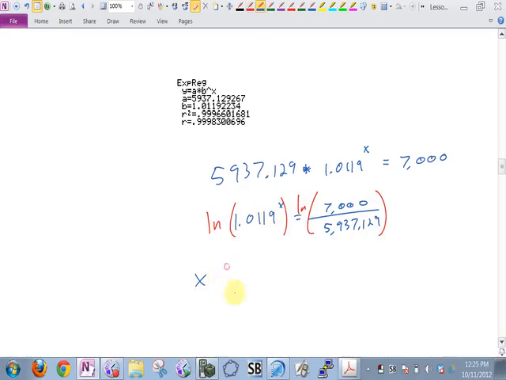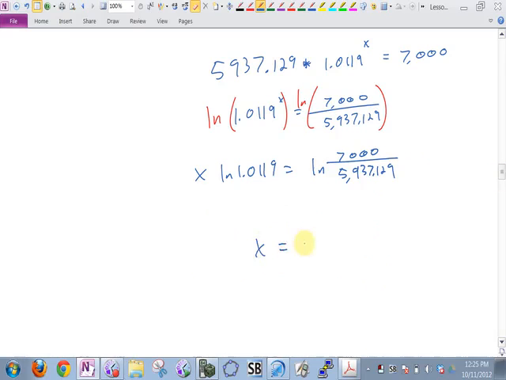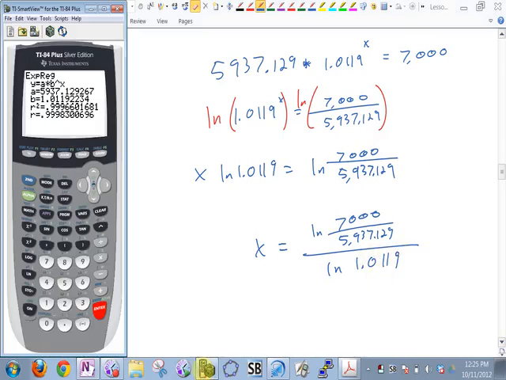So you have x times natural log 1.0119 equals the natural log of 7,000 over 5,937.129, and then divide. So x equals natural log of 7,000 over 5,937.129, all divided by the natural log of 1.0119. Right? Is that nice? Let's type that in.